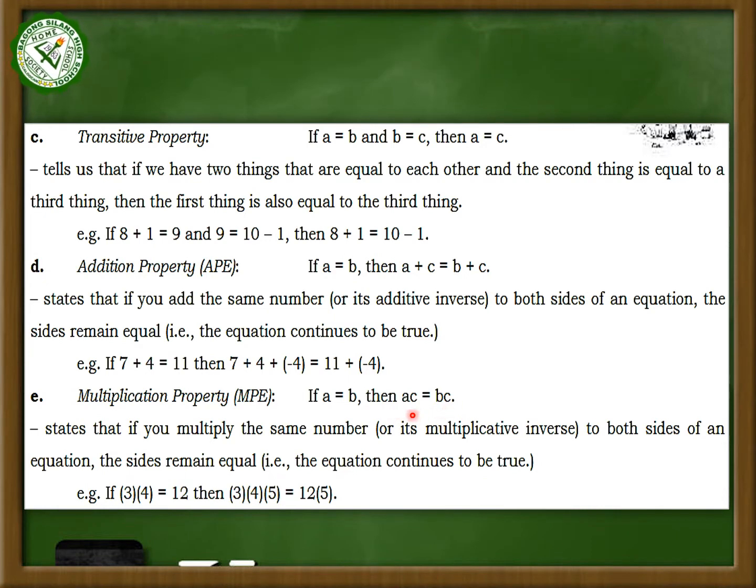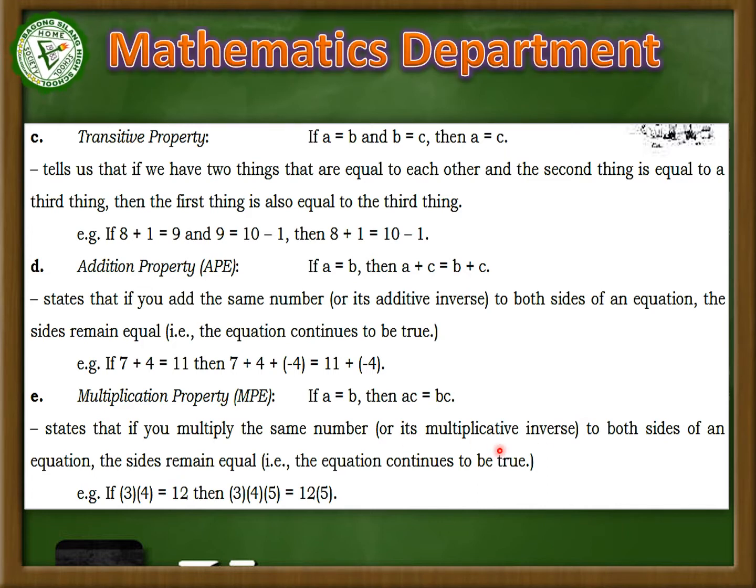Class, AC means A times C, and BC means B times C. It states that if you multiply the same number or its multiplicative inverse, which is one of the properties of a real number, to both sides of an equation, the sides remain equal. The equation continues to be true.